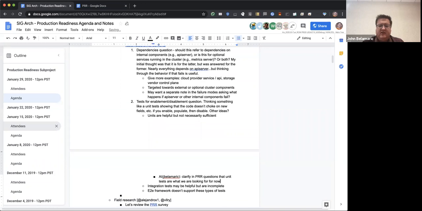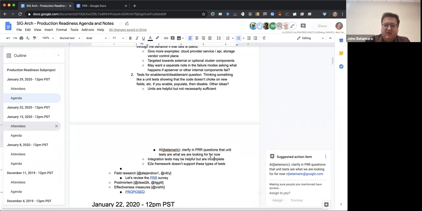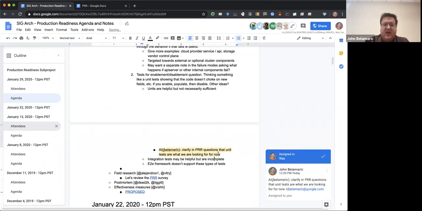And then I guess we need to see, unless we think integration tests are what we're looking for, which we can discuss in a second.